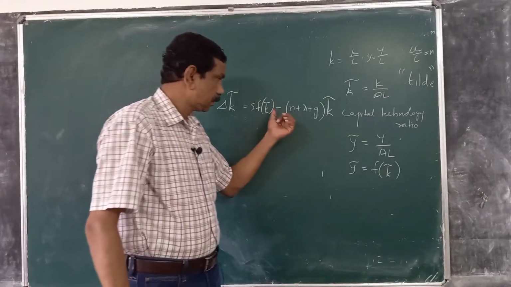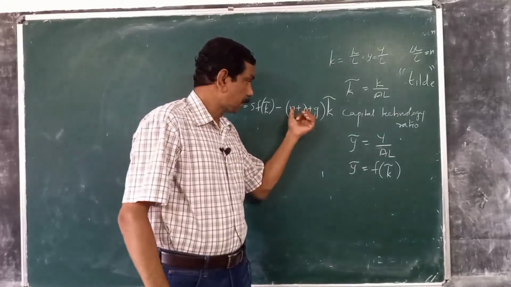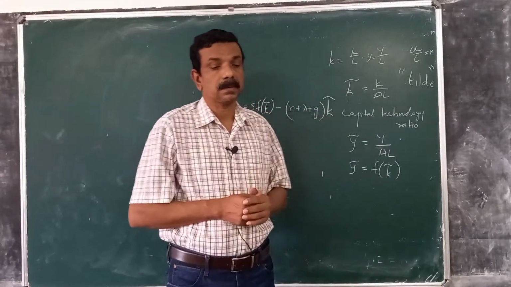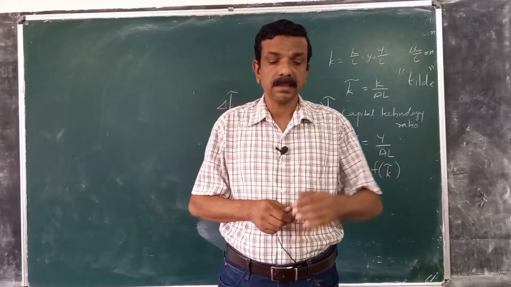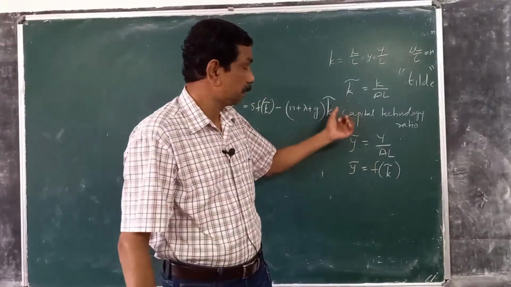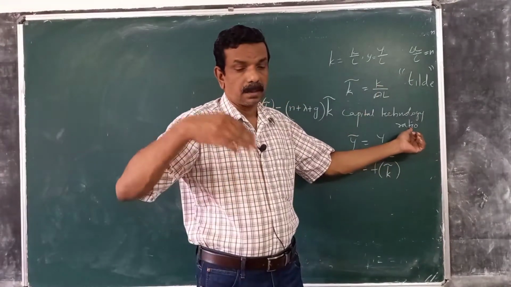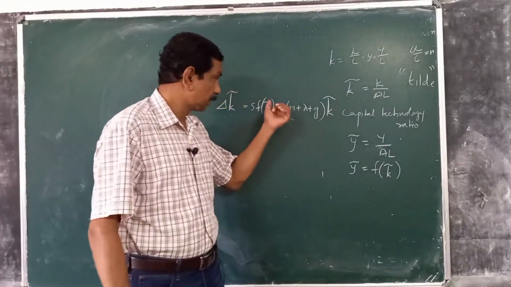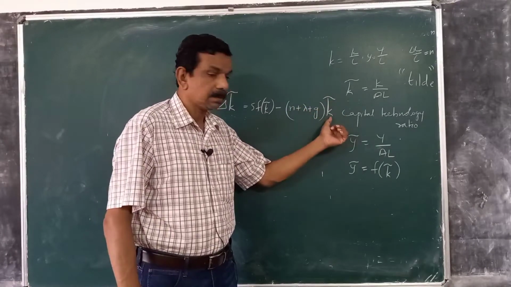That is, in addition to n plus lambda, an additional factor g is also introduced. So, as before, the change in the capital technology ratio is equal to s f of K tilde minus (n plus lambda plus g) into K tilde.